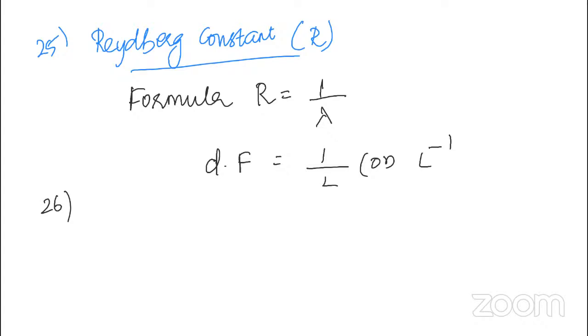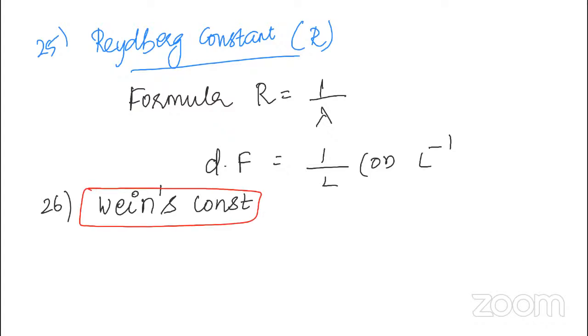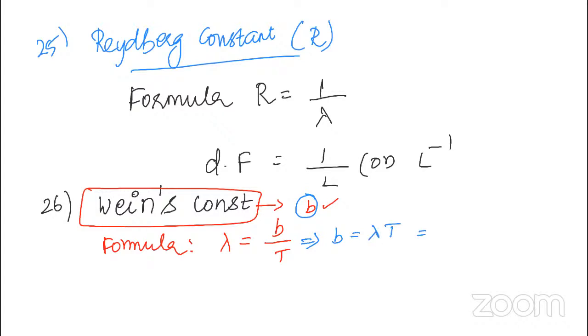Now 26, it is also a very simple formula, that is Wien's constant. The formula is lambda is equal to B by T. Wien's constant is represented by the letter B. Now we just rearrange the formula: B is equal to lambda into T. For lambda, it is length, so the dimensional formula is L, and for temperature, it is Kelvin.